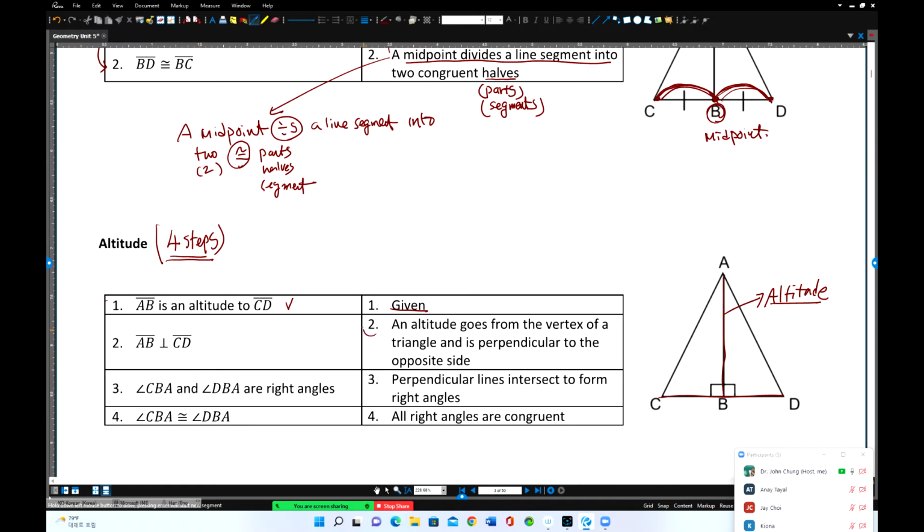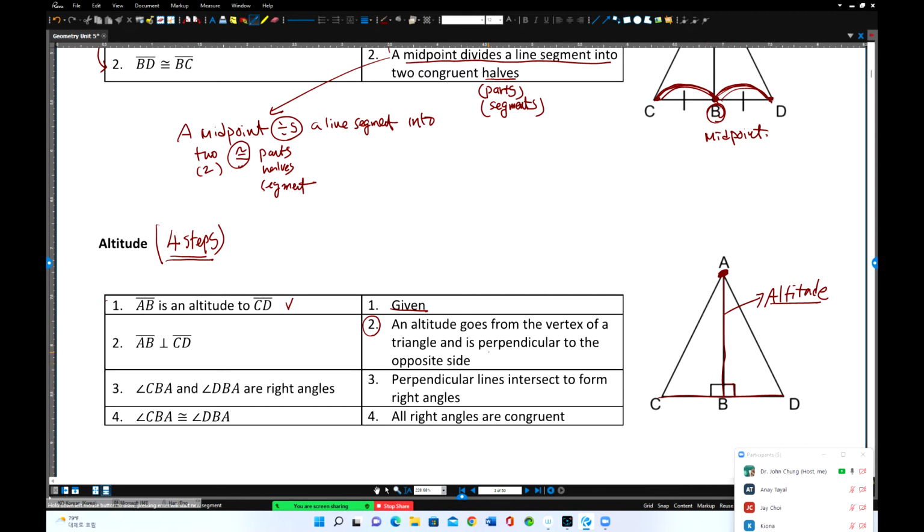But you have to memorize the reason. Altitude goes from a vertex of a triangle, from here. That is a vertex of a triangle. Okay? And is perpendicular to the opposite side. Perpendicular is what? Perpendicular, right? That is perpendicular, isn't it?